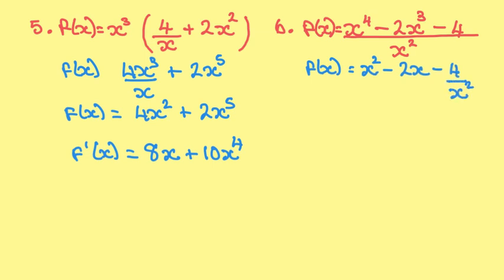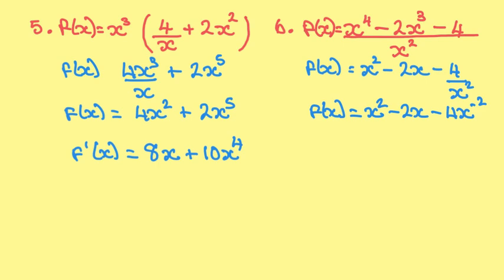The last term still isn't a power, but again we can bring the x squared to the top, so we've now got f of x is equal to x squared minus 2x minus 4x to the minus 2.